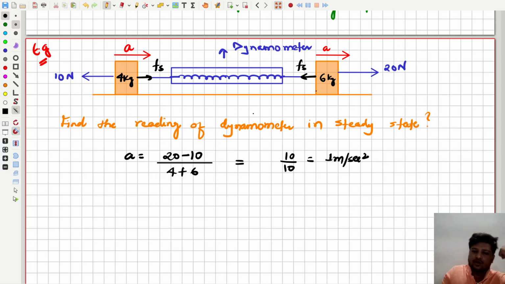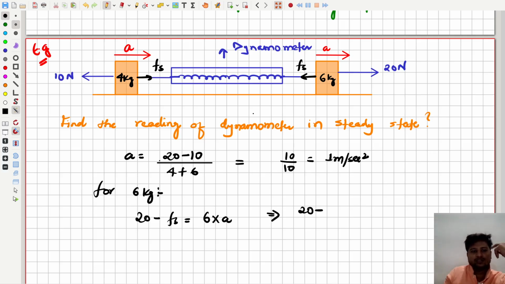Take any one of the blocks and find the value of spring force. So if I write for 6 kg, it is 20 minus spring force is equal to 6 into acceleration. So 20 minus spring force is equal to 6 into 1. So spring force is exactly equal to 14 Newton.